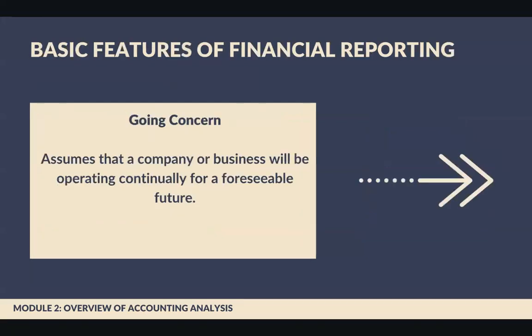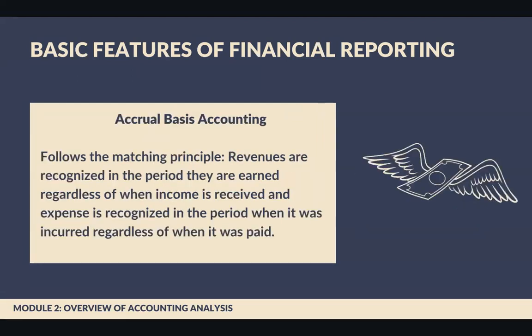One main feature of financial reports is that it assumes a going concern, meaning it assumes that the business or company will be operating continually for the foreseeable future. This is the reason why the numbers in our financial reports are reported on accrual basis accounting.